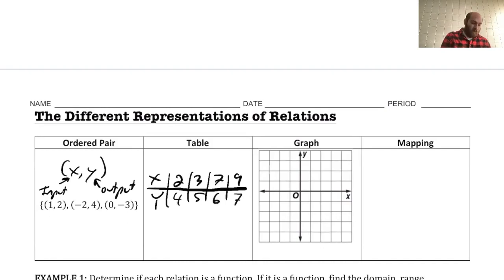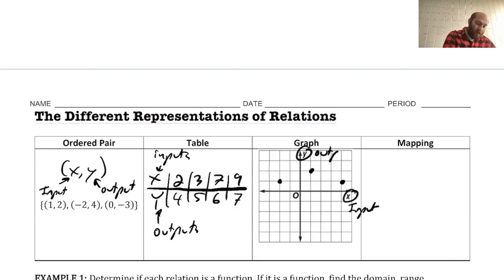So these are my inputs. These are my outputs. Graphing it, we can just put those ordered pairs as points on there, or you can draw it as a line. So again, X is my input, Y is my output.